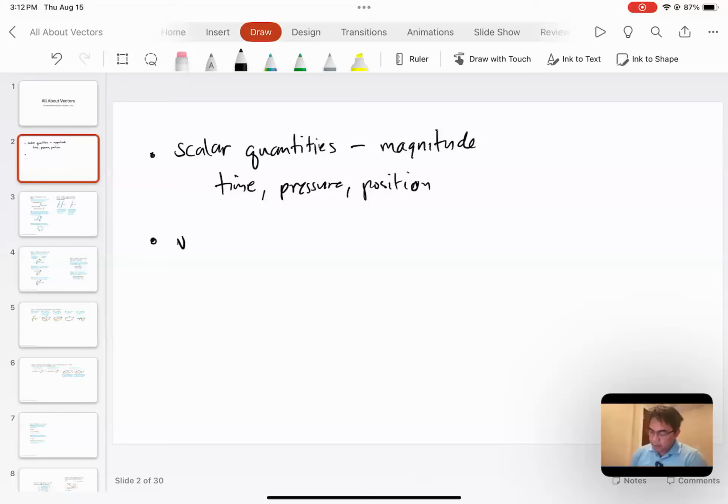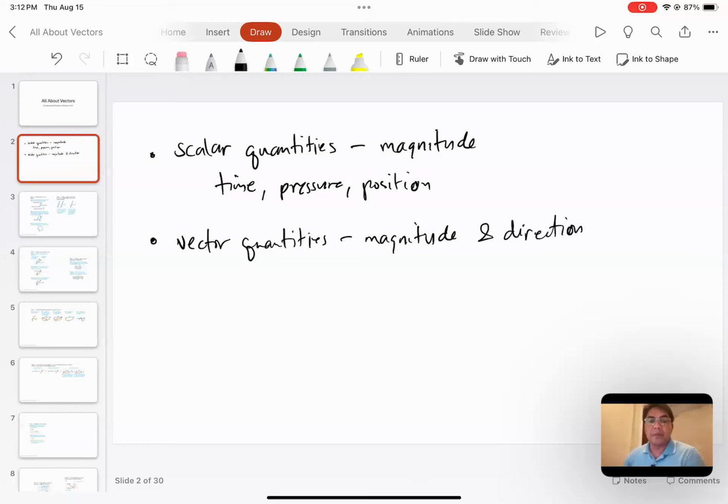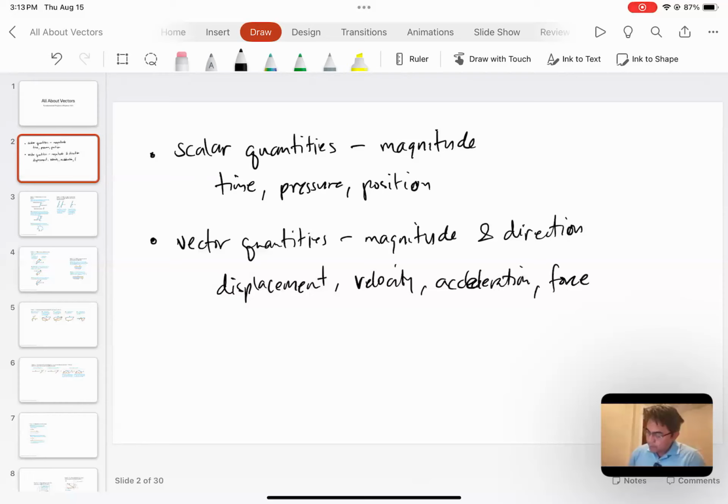Another way to describe quantities is not just through their magnitude, but also in the direction to which this quantity is moving, okay, towards. Halimbawa, syempre, narinig nyo siguro yung displacement, velocity, and acceleration, at saka force.